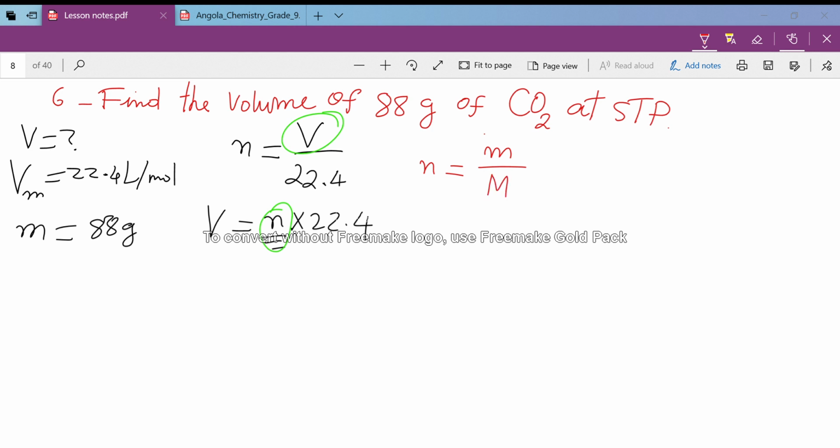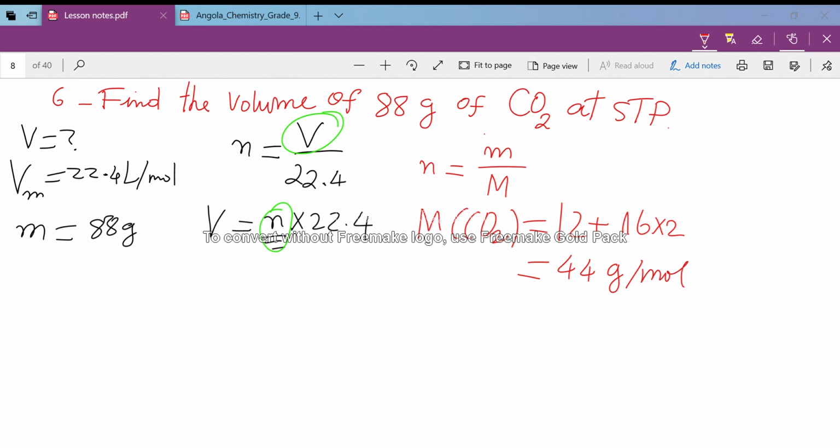So I first have to find the number of moles, and to find it, I need the molar mass. Molar mass for CO2 is 12 for carbon plus 16 for oxygen times 2, which is 44 grams per mole.